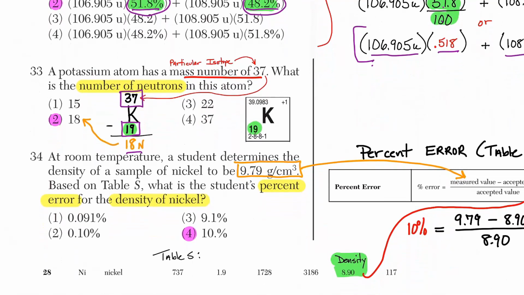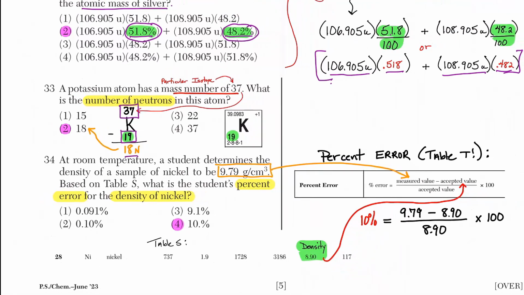Okay, 34. They want you to do a percent error problem. And again, this is not particularly part of atomic structure or periodic table, but it is a physical property, density, and it definitely has some work here, but they want you to find a percent error. They said the student determines the density of the sample to be 9.76. So the student found this. This is the measured value of the student.